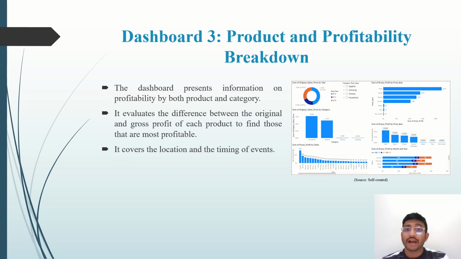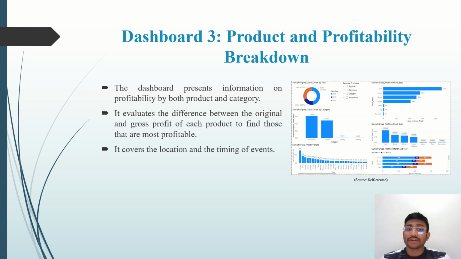In this slide, I will talk about the product profitability and breakdown. The dashboard presents information on profitability by both products and categories. On the right hand side of the slide there are different kinds of charts which show the product categories and the profitability of each product.